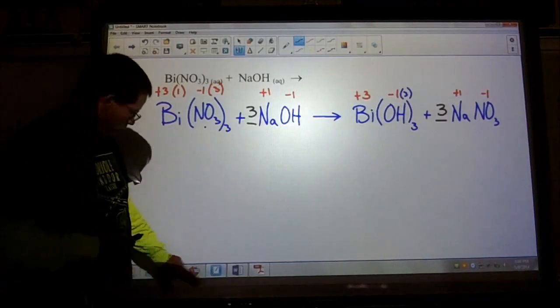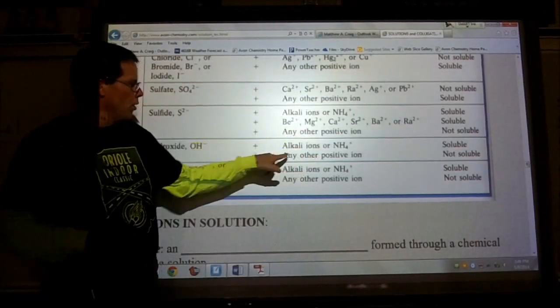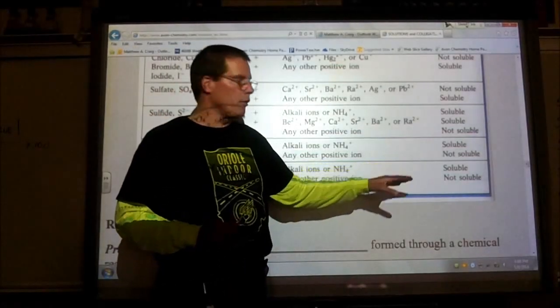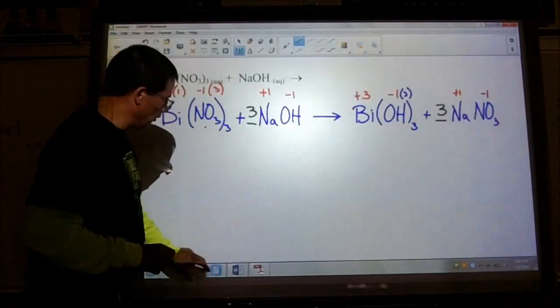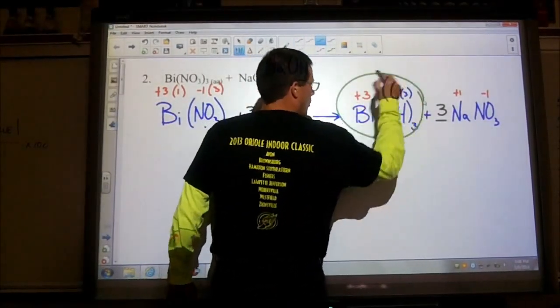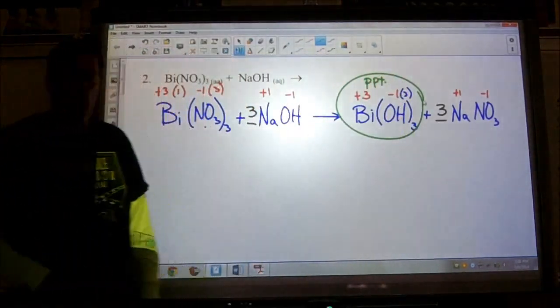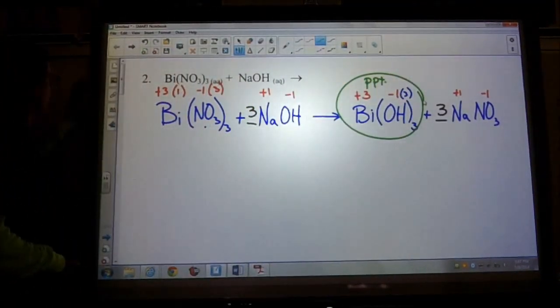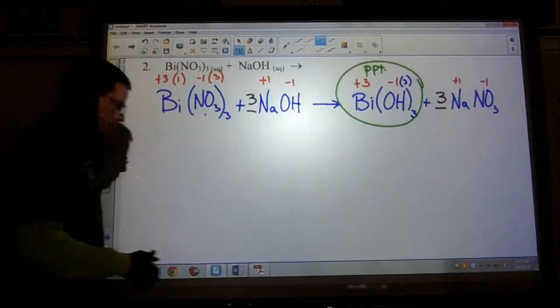Okay, so, whoops, go back to the table. So, no. We go to the next row. It says, is bismuth any other positive ion? Yes. It's not soluble. So what that means is we do have the formation of a precipitate. So, write PPT. Now that we know who our precipitate is, now we can write our ionic equation.